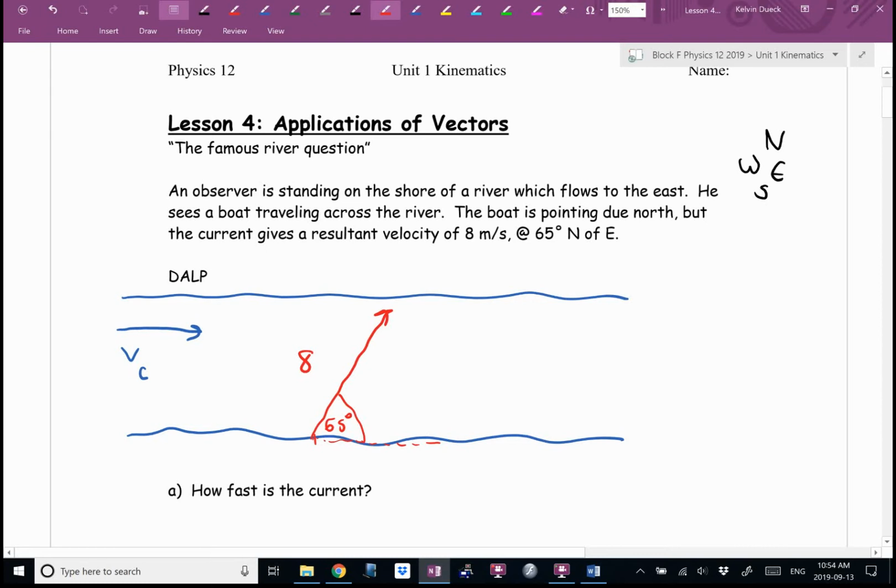We're going to break this up into components. I'm going to redraw this triangle now because this is a bit cluttered. I did leave some room right here, so I'm going to draw this 8 like that. And I'm going to break this up into Vx and Vy, horizontal and vertical, 65 degrees.